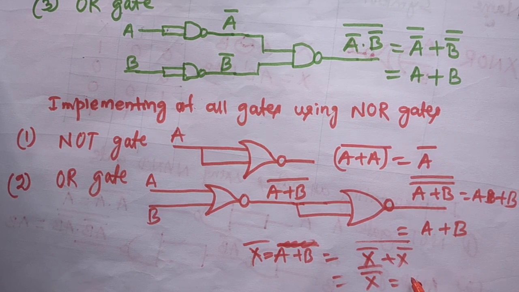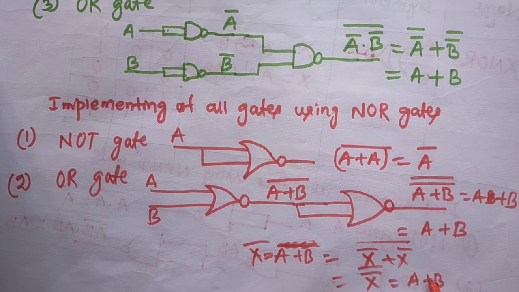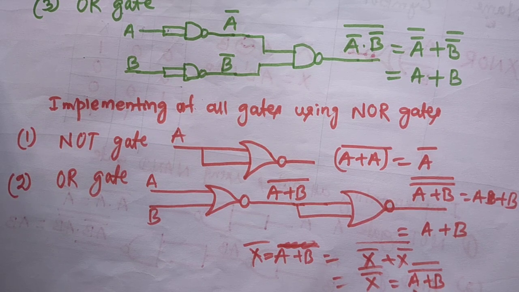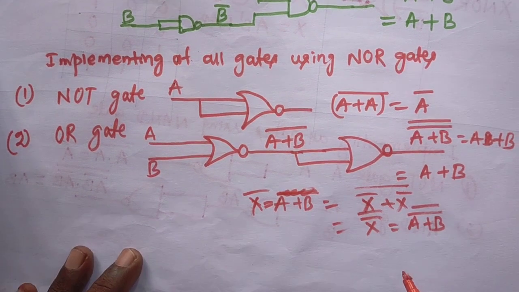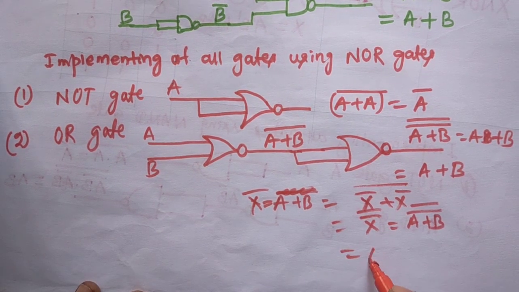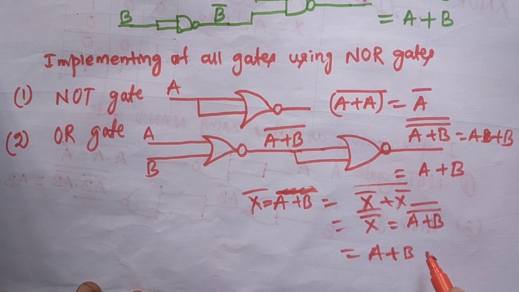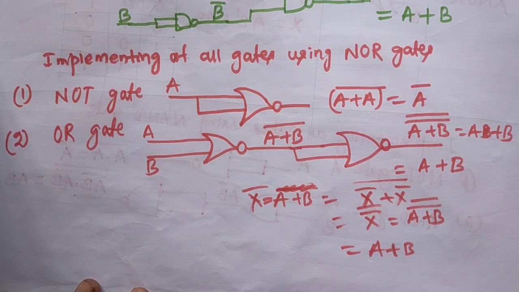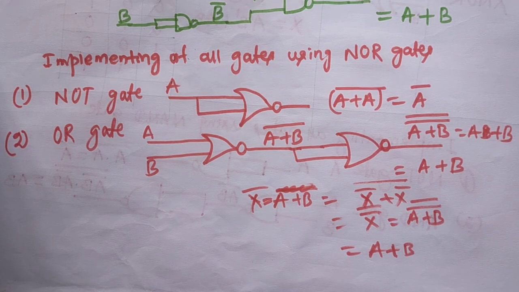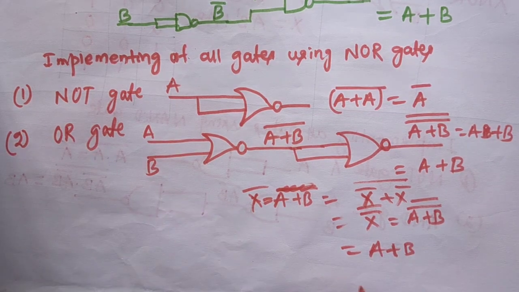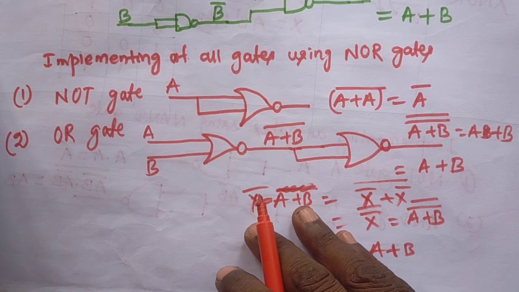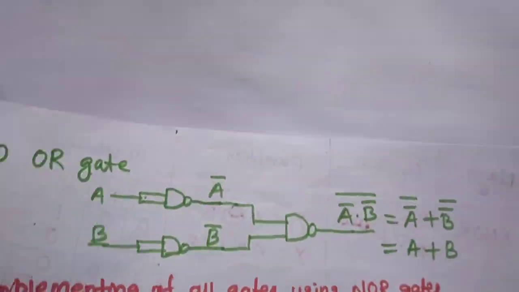That means A plus B complement, again complement. What is the result? The result will be only A plus B. So in this way we define that particular OR gate. Next another point, another gate we can also use.